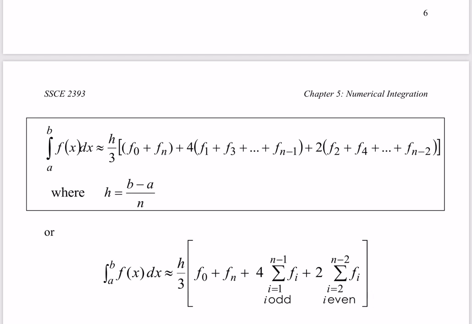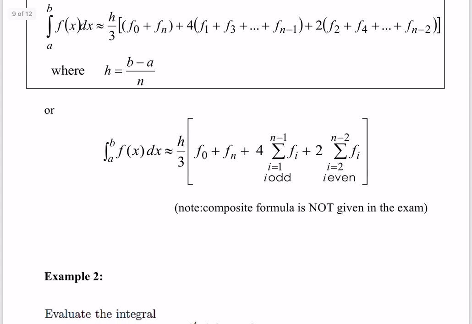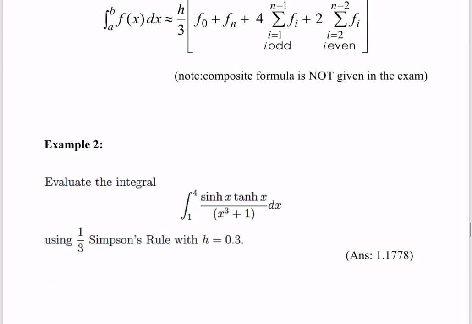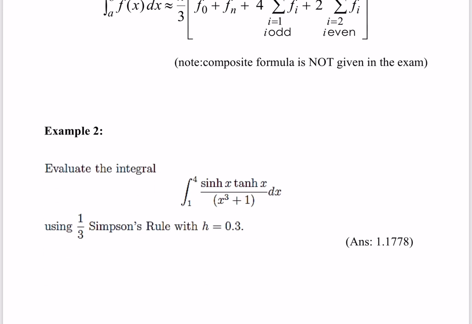In general, it is h over 3 multiplied by f0 plus fn plus 4 times the summation of odd plus 2 multiplied by the summation of even, where h is (b minus a) divided by n. And this is the general formula.